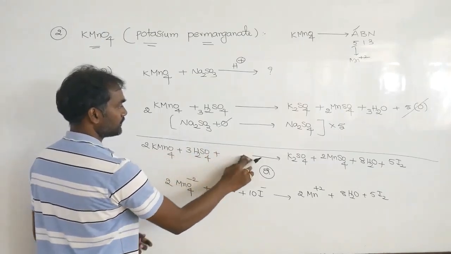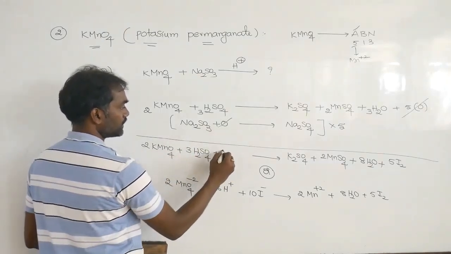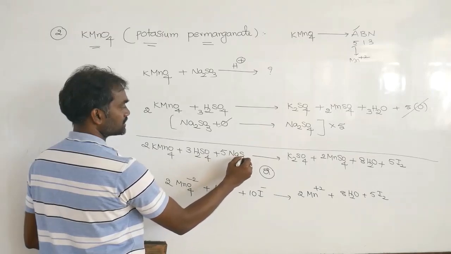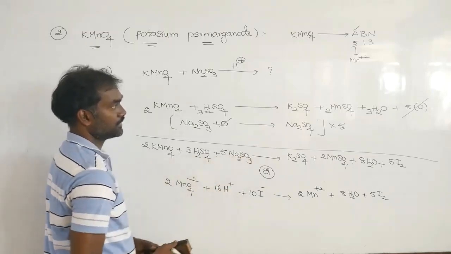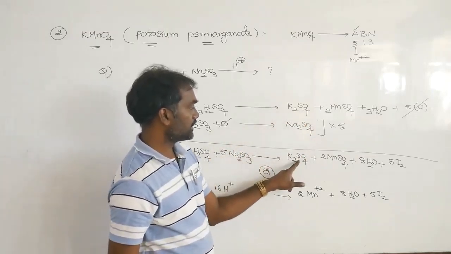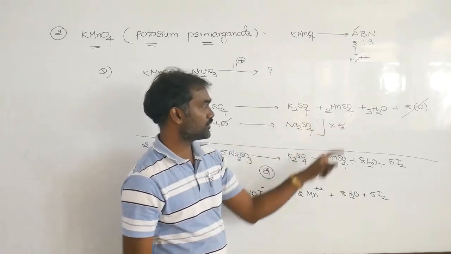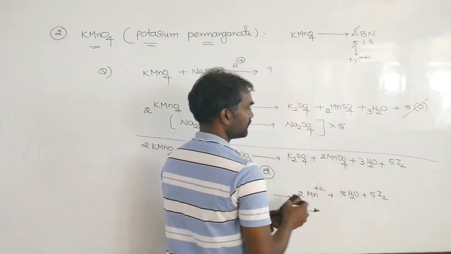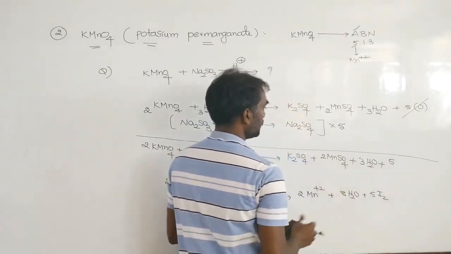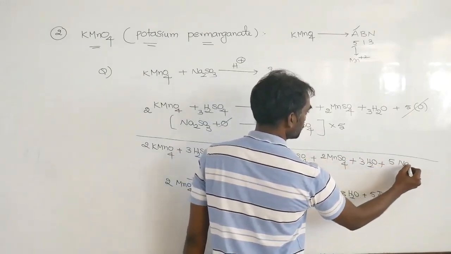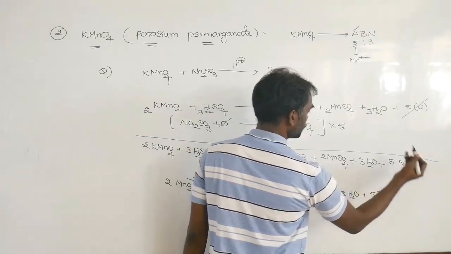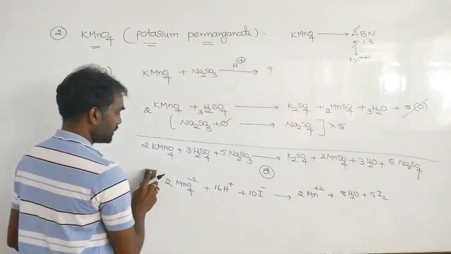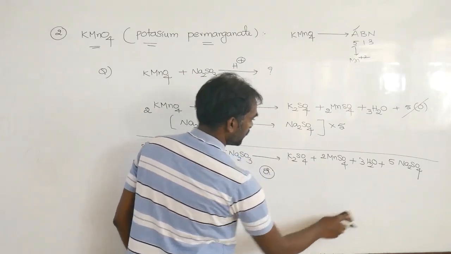You are getting 5 Na2SO3. So same thing, K2SO4, 2 MnSO4, 3 water. Next 5 Na2SO4. It is balanced.